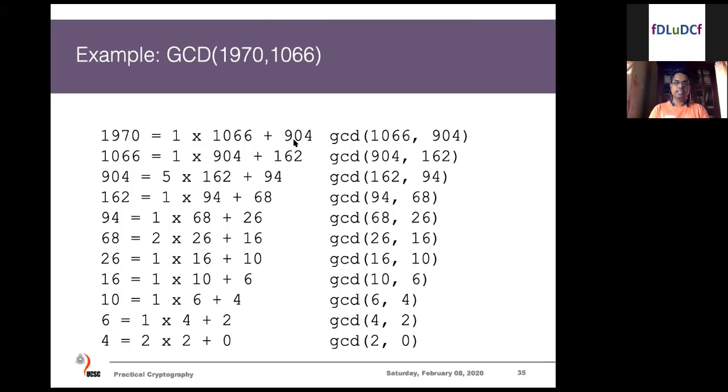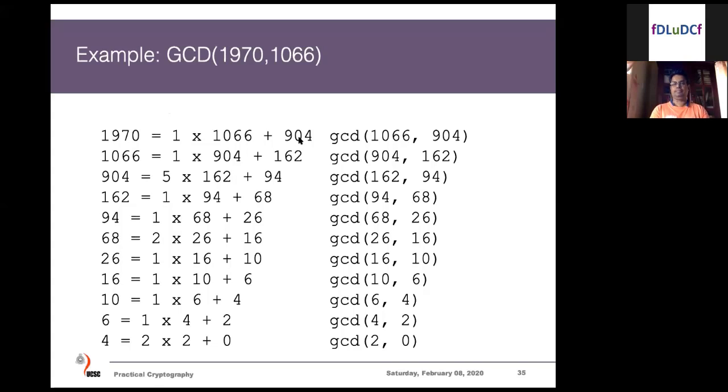Based on the Euclidean algorithm, if x is the greatest common divisor of these two numbers, then instead of calculating the GCD of 1970 and 1066, we can calculate the GCD of 1066 and 904.